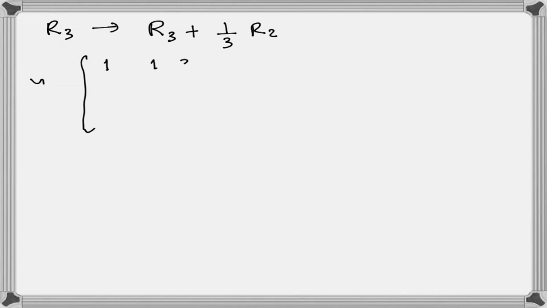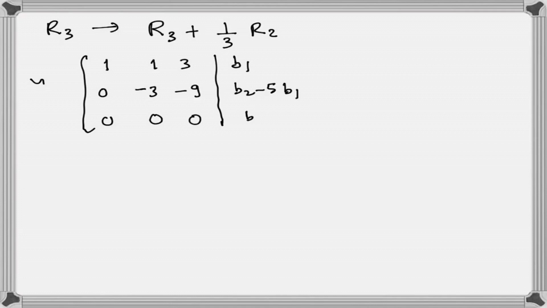So 1 1 3 b1, no change in the second row, 0 minus 3 minus 9, and b2 minus 5b1. And if I multiply row 2 by 1/3 and add it to the third one, it's 0, and 3 minus 3 is 0. Okay, and we have b3 plus 2b1 plus 1/3 b2 minus 5b1.